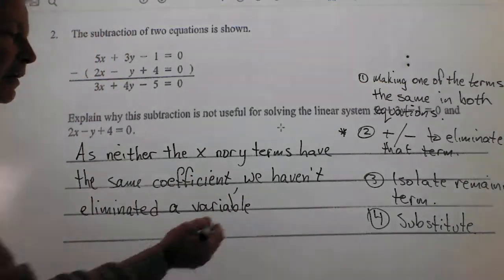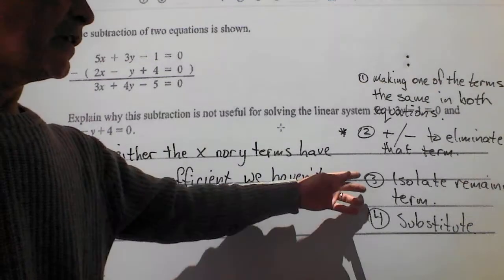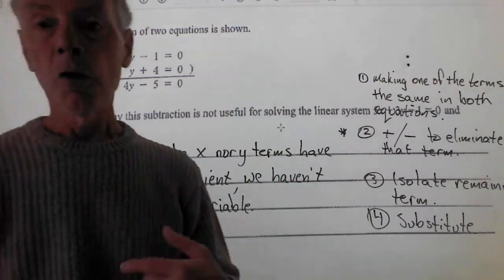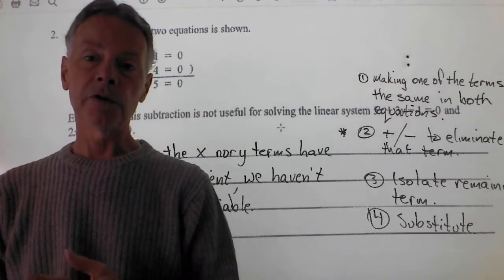And since we haven't eliminated a variable, we can't proceed to the third step, which is to isolate the remaining term. We can't isolate it because there's still two separate variables involved.